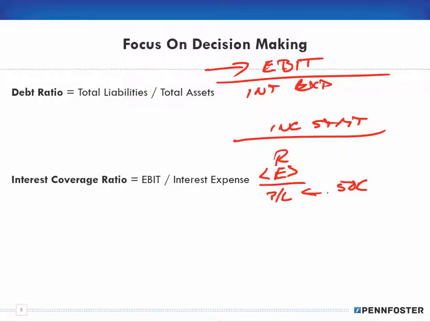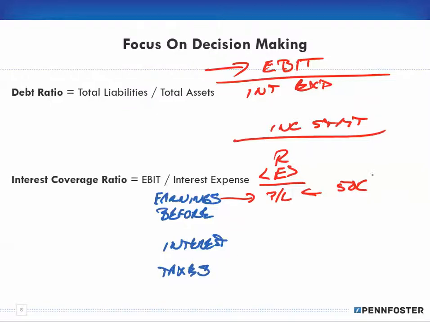Okay. So that's why it's called earnings, because our profit or loss here is our earnings before, okay, and the two things for this particular ratio are interest, any interest payments that we have to make, and taxes.